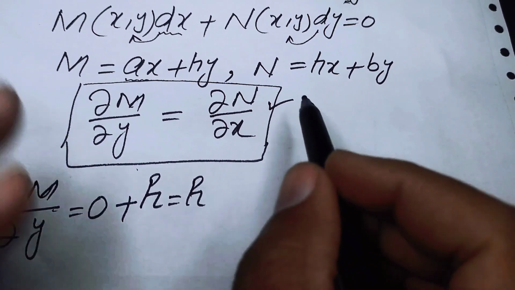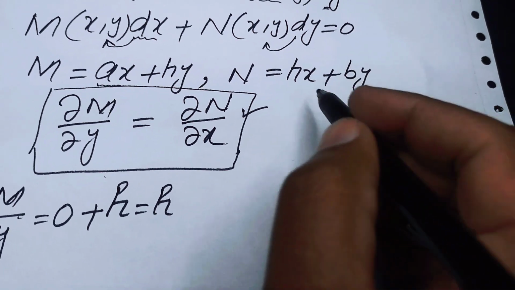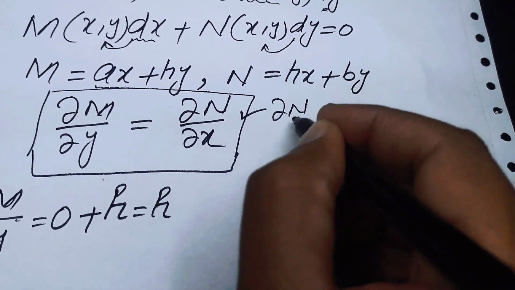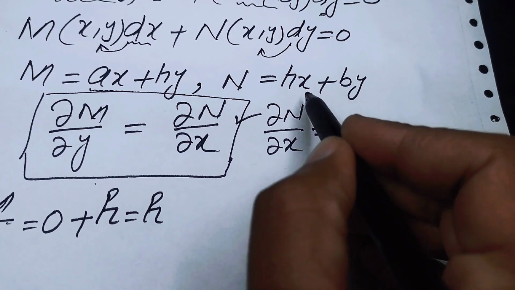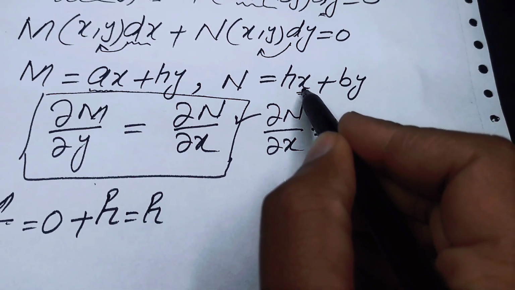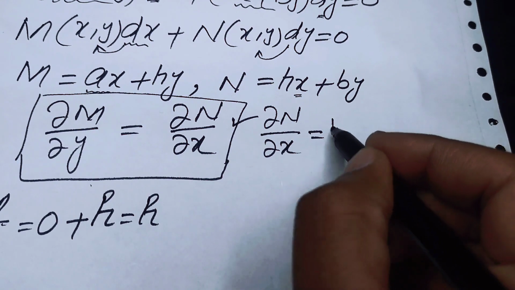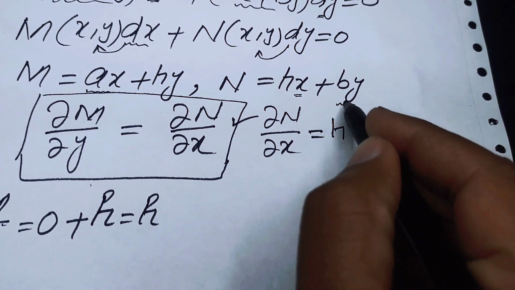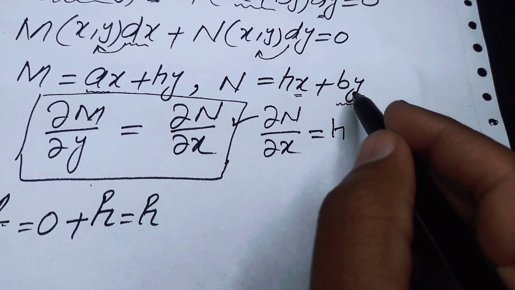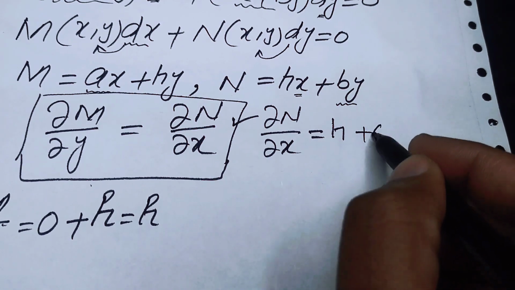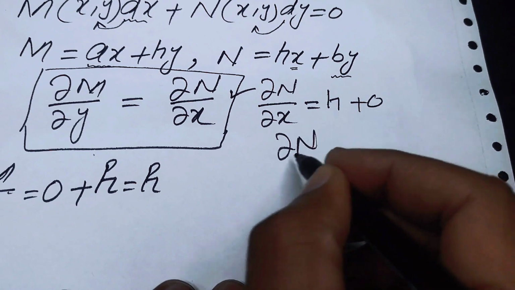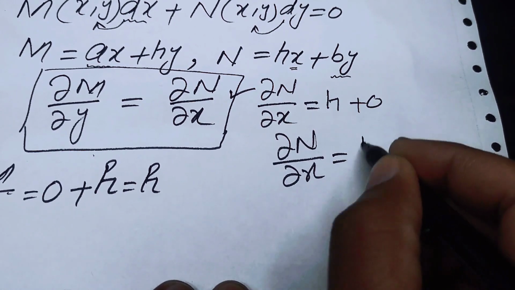Now we can find the derivative of N with respect to x, and all the other values other than x are constant. The derivative of x is 1, so here you get h, and there are no terms of x in the other term, so we consider it constant, and its derivative is 0. You get partial N over partial x is equal to h.